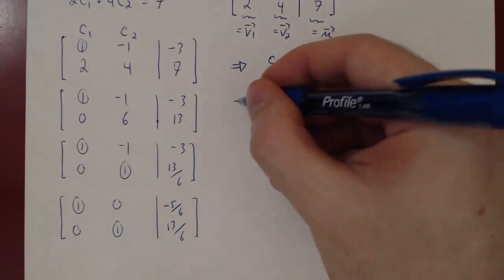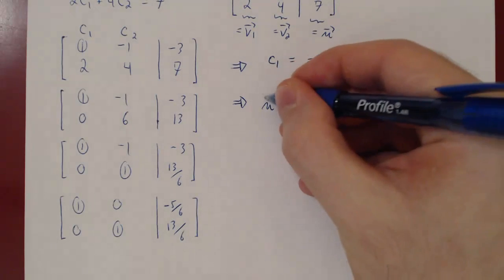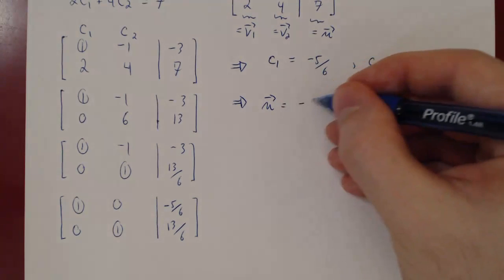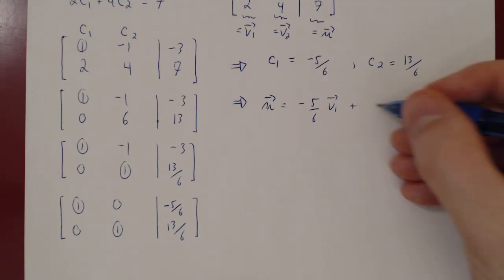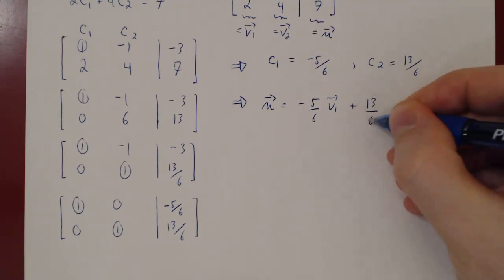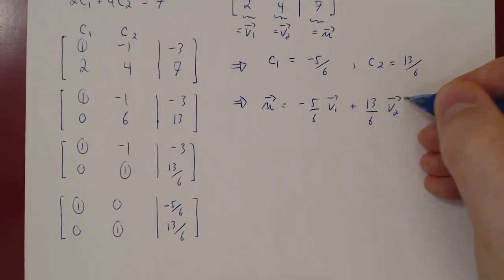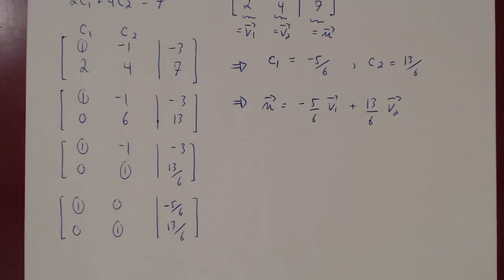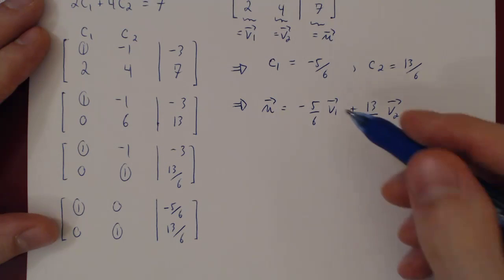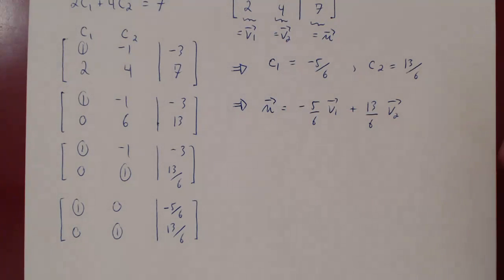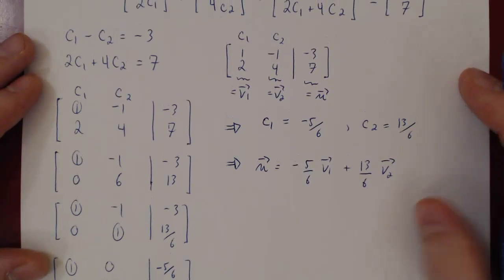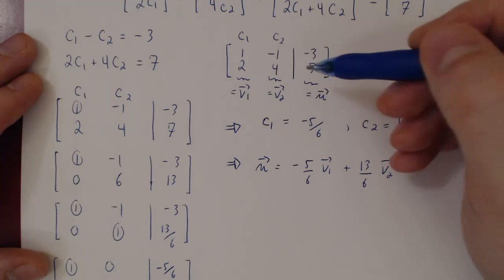So our conclusion is that vector u is equal to -5 over 6 v1 plus 13 over 6 of v2. Let us check that this is actually correct. Let us compute the right-hand side and make sure that we get the vector u. The vector v1 was 1, 2.